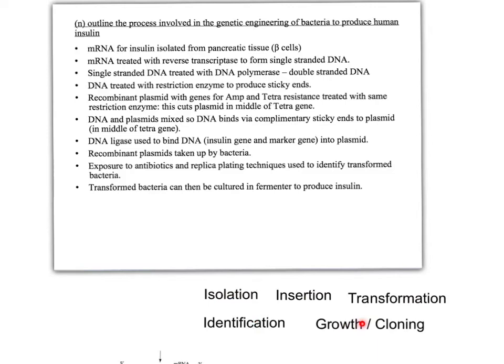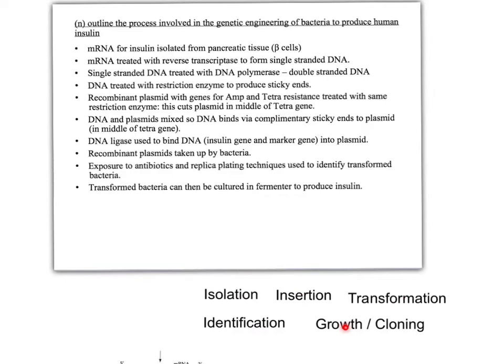So whether it's transforming bacteria to produce insulin or transforming rice plants to produce vitamin A, this sequence of processes occurs, and it builds on the various techniques that I've introduced you to in the previous two screencasts. I do quickly go over some of those in these case studies, but you need to go back to those other screencasts and know about the various techniques in a little bit more detail.